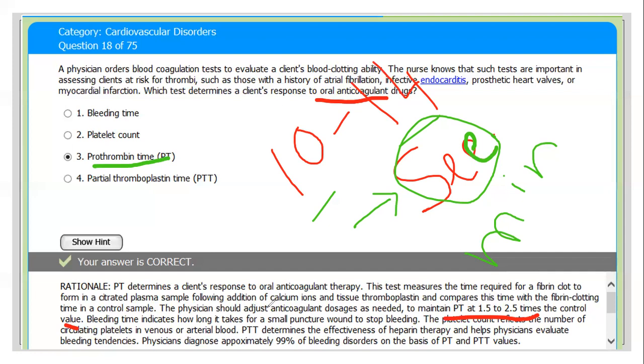PTT means partial thromboplastin time, which determines the effectiveness of heparin therapy and helps the physician evaluate bleeding tendencies. The physician diagnoses approximately 99% of bleeding disorders on the basis of PT or PTT values.